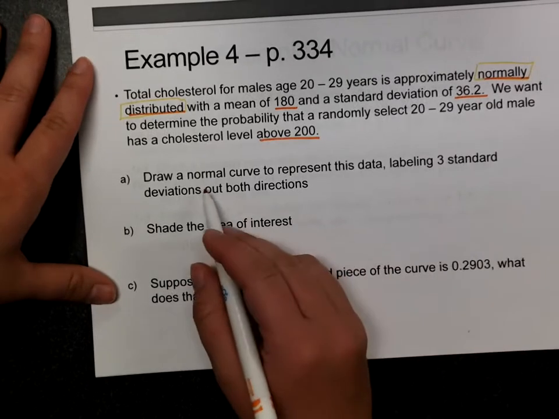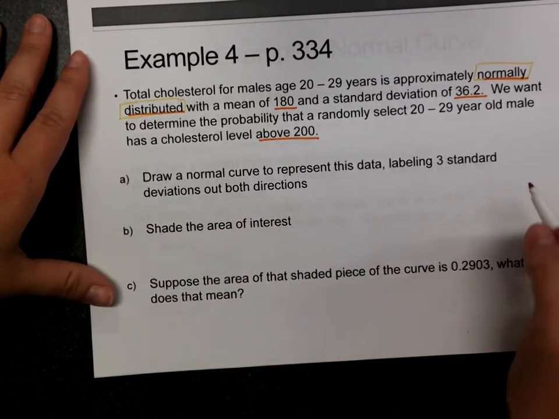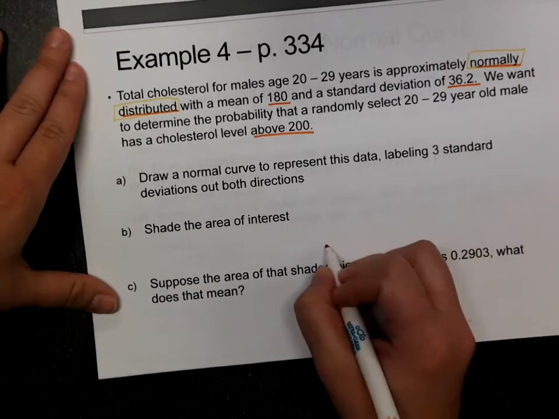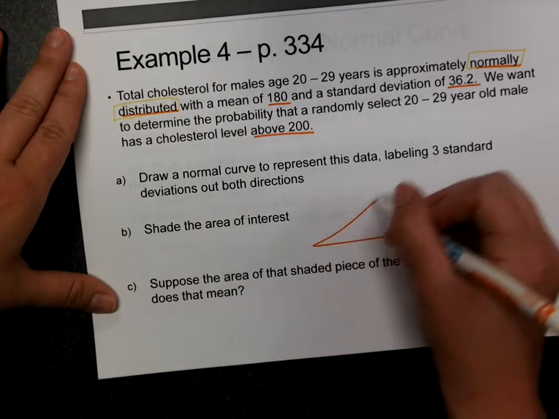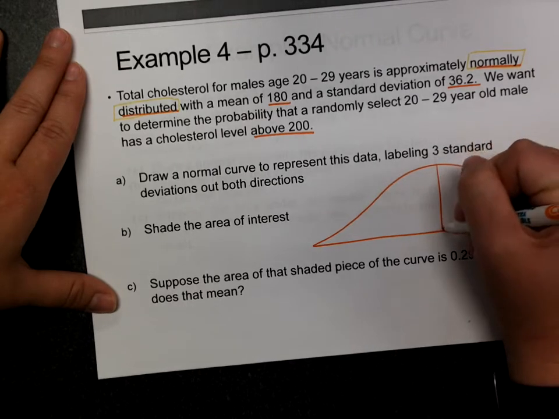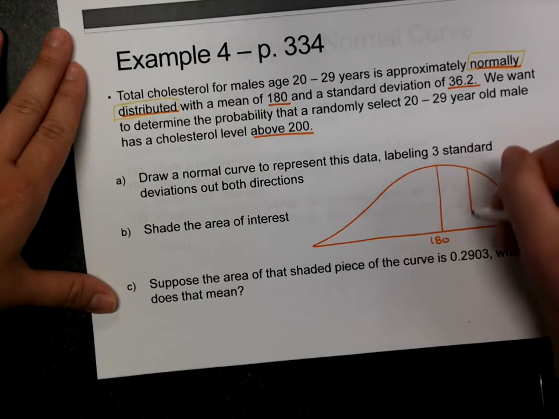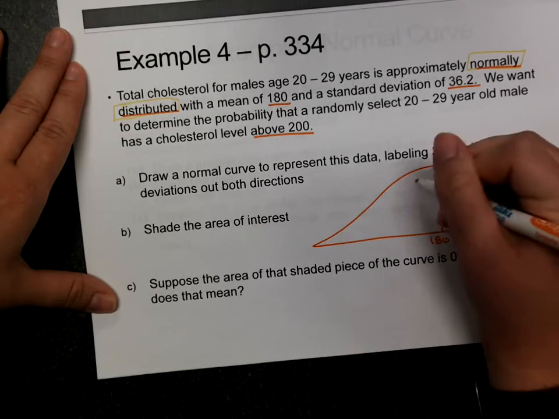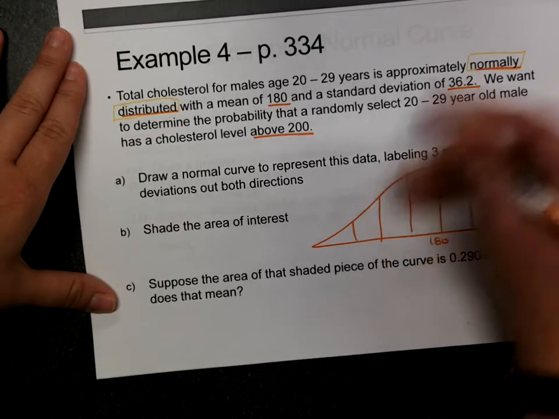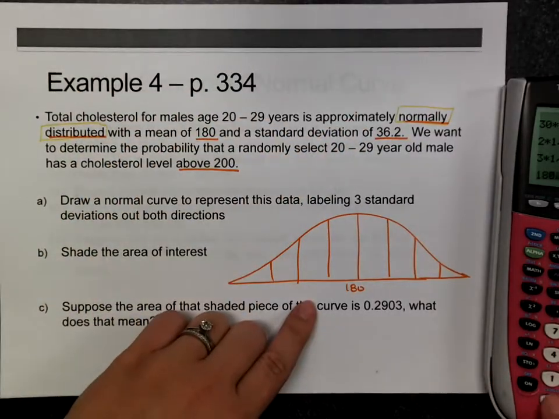So we're going to draw a normal curve to represent the data, labeling 3 standard deviations out in both directions, just like we did in chapter 3. Alright, so our mean is 180. And we're going to go 1, 2, 3 to the right, 1, 2, 3 to the left, using 36.2 as our standard deviation.